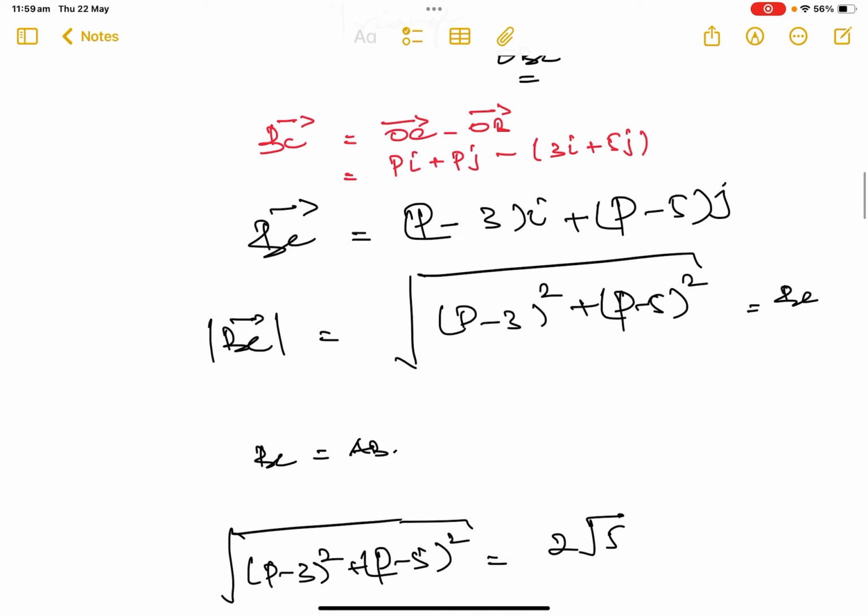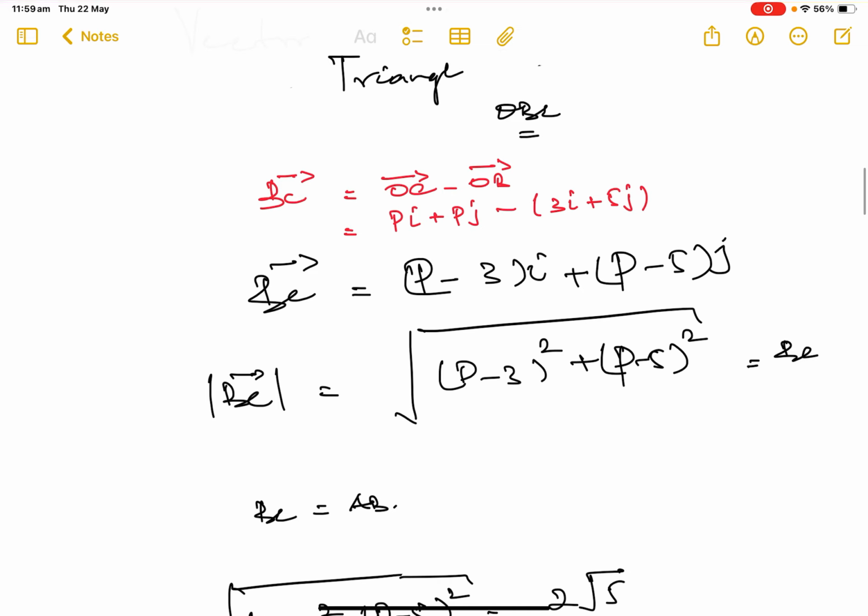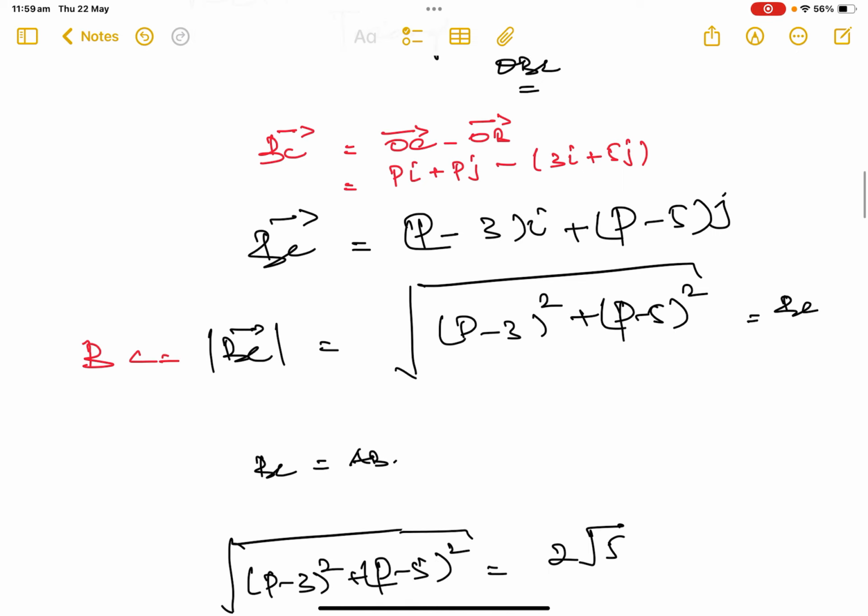The modulus of BC gives us the length BC. BC equals the modulus of vector BC. So that is the square root of the coefficient of i squared plus the coefficient of j squared, that is (p minus 3) squared plus (p minus 5) squared.